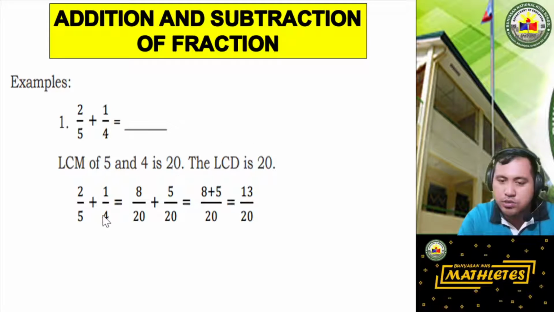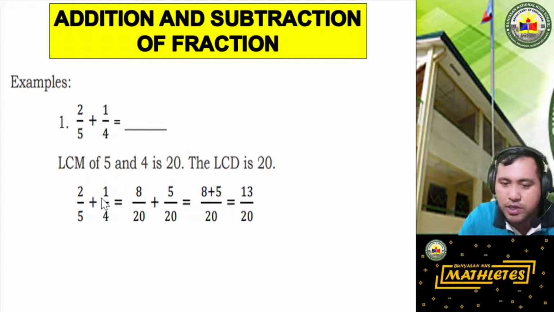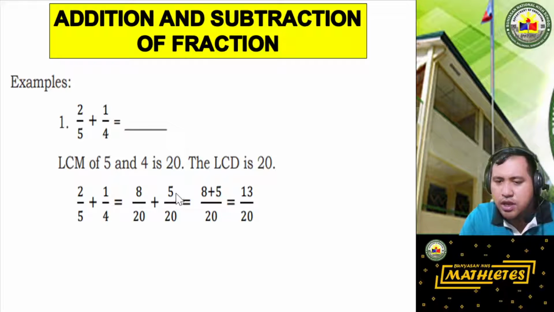So we have this one. 2 over 5 plus 1 over 4 is equal to 8 over 20. Paano yan, sir? Paano nangyari yan? 8 over 20 plus 5 over 20. Ito na yung bagong mukha ng ating fraction. Bagong mukha. Ang 2 over 5 ay naging 8 over 20 at ang 1 over 4 ay nagiging 5 over 20. Kuha?